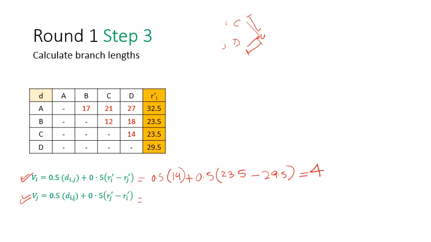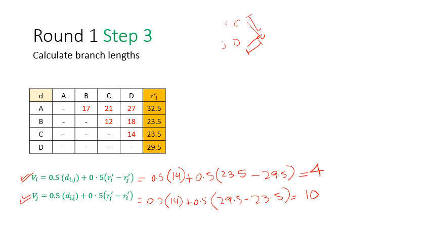V of J will be 0.5 times distance of IJ, distance of C to D is 14, plus 0.5 times r prime J. So r prime J, J here is D, so r prime J is 29.5 minus r prime I, which is 23.5, which will turn out to be 10.